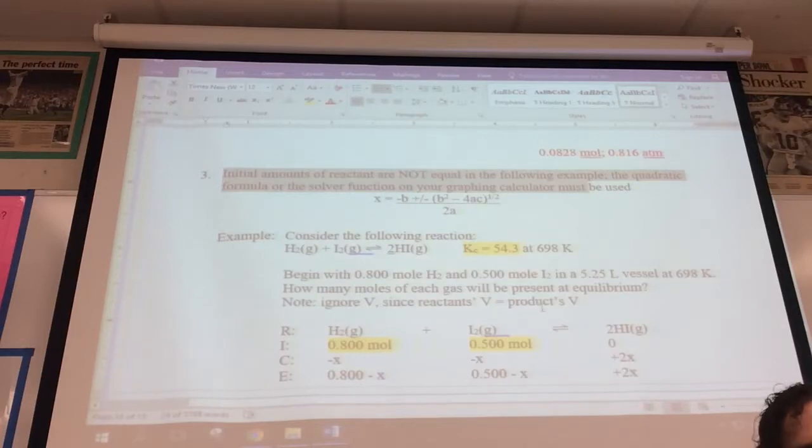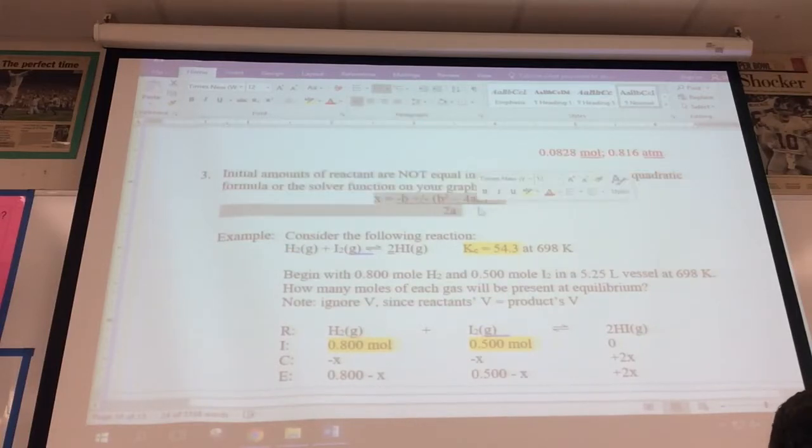You can solve for something using the quadratic, where x is equal to negative b plus or minus the square root of b squared minus 4ac all over 2a. You've seen that since Algebra 1 many moons ago. Now clearly nobody wants to do this anymore, and you throw it in your solver function and out pops the answer.